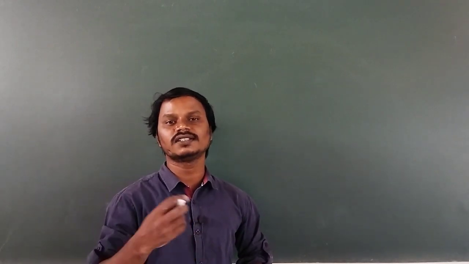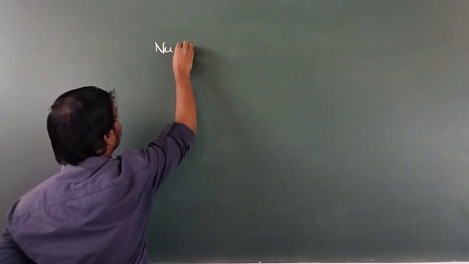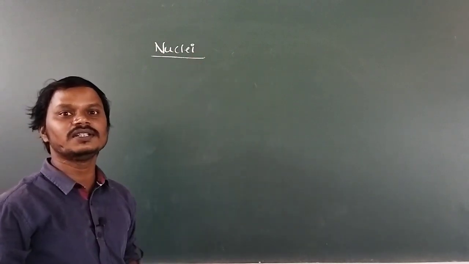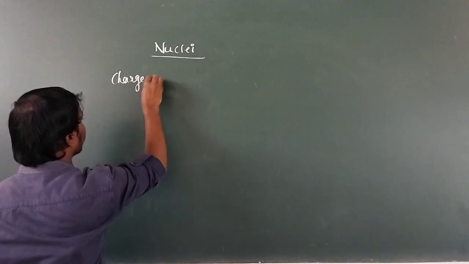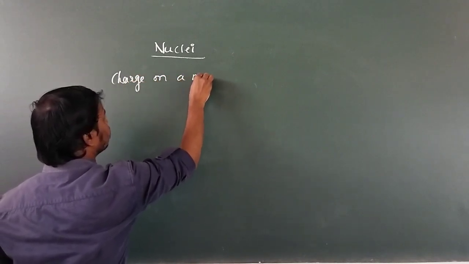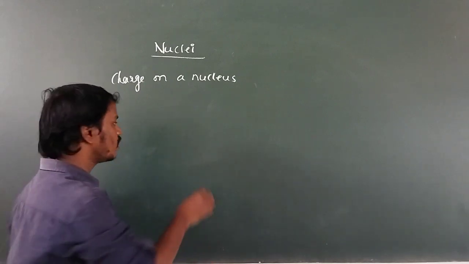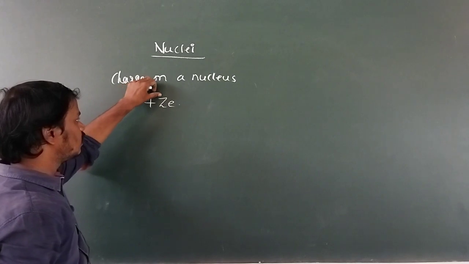Then how to find the charge on the nucleus? Charge on a nucleus can be determined by plus Ze. What does Z indicate here?